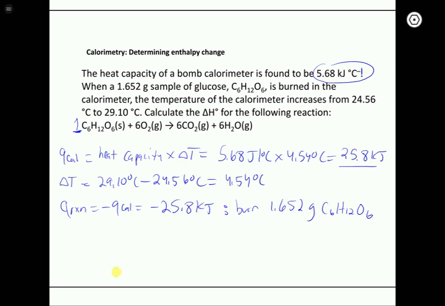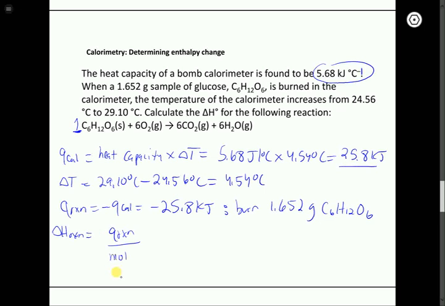So for this we need to find, so our delta H for this reaction is equal to the heat of the reaction that we measured from the calorimeter divided by the moles of glucose.